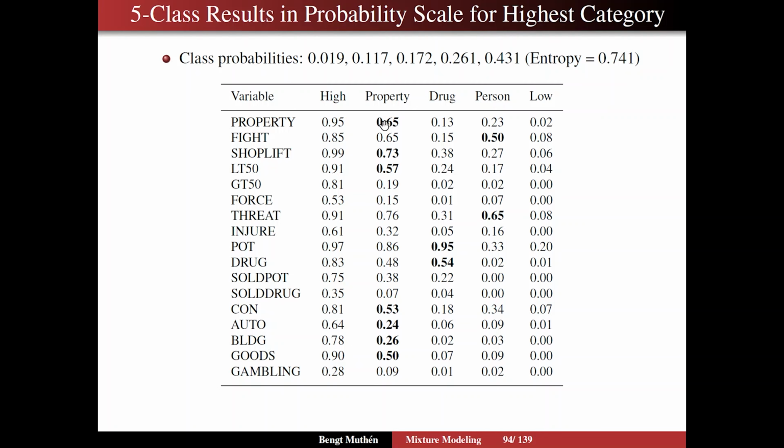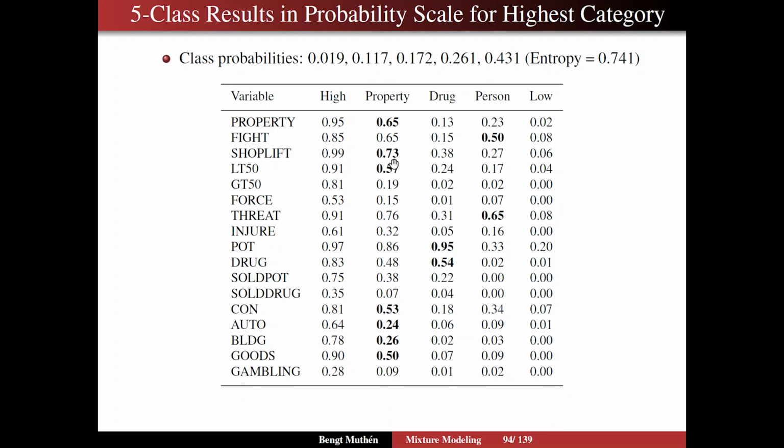So the way I bold it is for the property class here and the property item, I bold 0.65 here because it discriminates well against the other 3 classes here. I don't bold it for fighting because we have a fairly high probability over here for person offense, so that item doesn't discriminate that well between the property class and the person class.